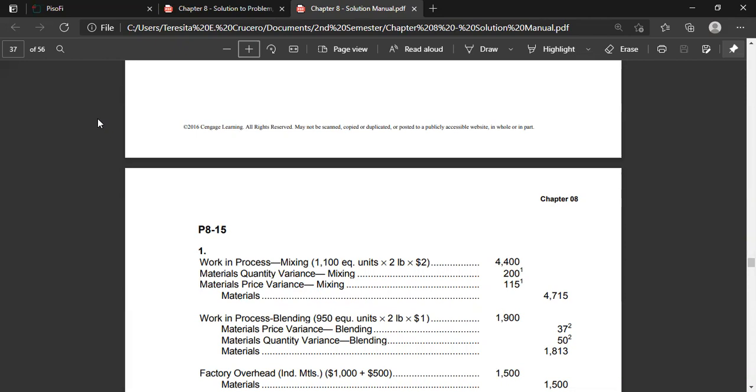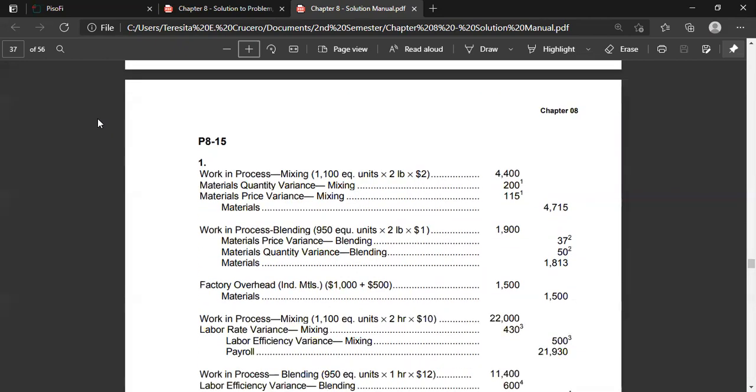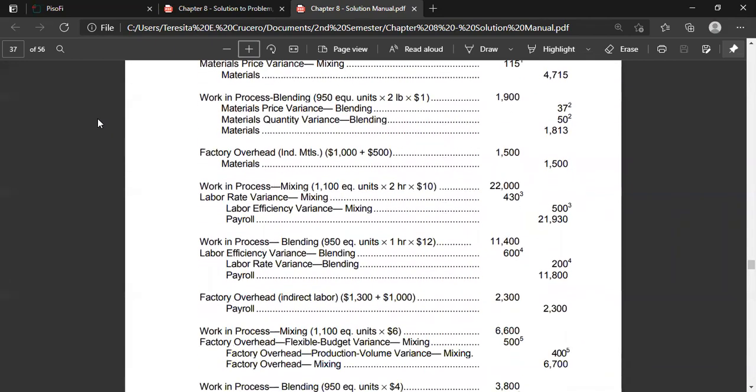Then we have your material price variance, 115. And then credit to materials 4,715. We now go to work in process for blending. We have 950 times 2 times 1, 1,900. And then we have to credit the individual accounts.